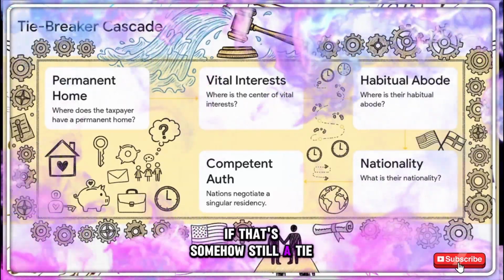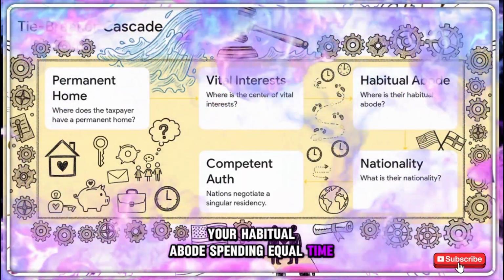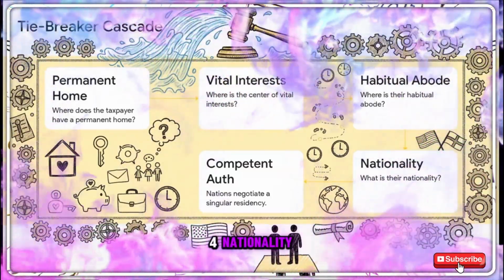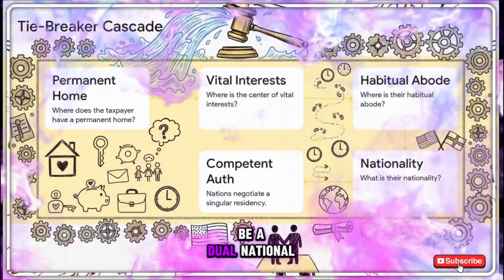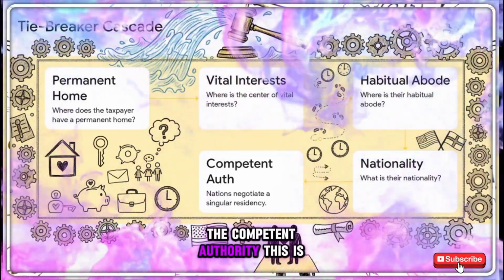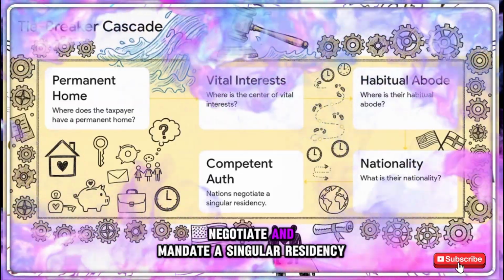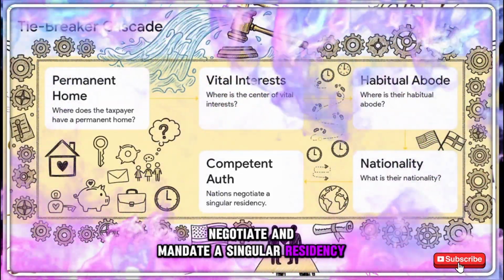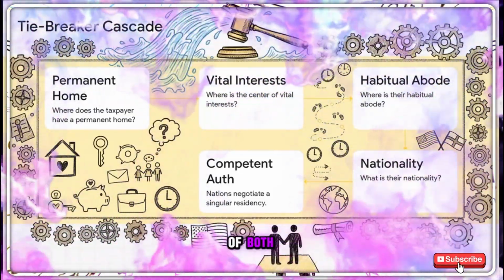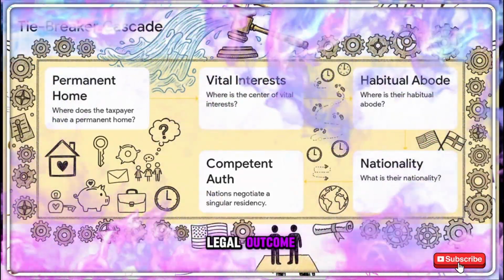If that's somehow still a tie, we look at Step 3, your habitual abode. Spending equal time in both, then it's on to Step 4, nationality. And if you happen to be a dual national, we hit the final fail-safe, Step 5, the competent authority. This is where the two nations literally have to sit down, negotiate, and mandate a singular residency. You simply cannot be a resident of both for treaty purposes. The cascade guarantees a singular legal outcome.